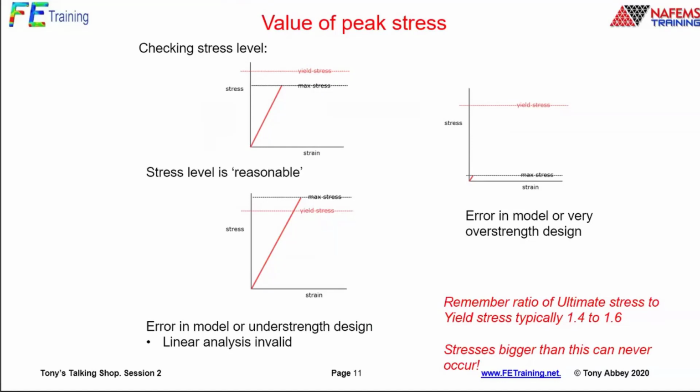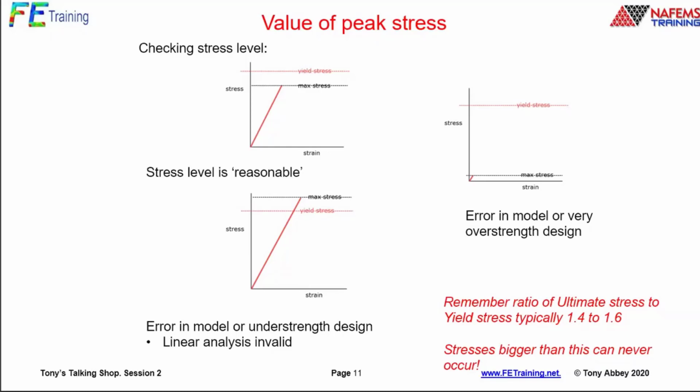We're just using our knowledge of the material to say it's a linear analysis, so those stresses should be below yield. If they're above yield, which is the case here, the stress is unreasonable. In this diagram, immediately below in the middle, our maximum stress in the model is above the yield stress. That can't physically happen.